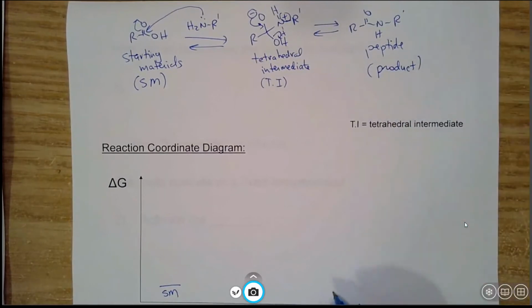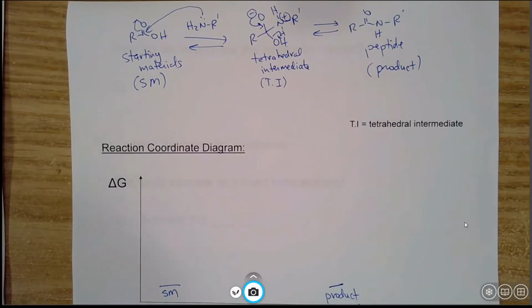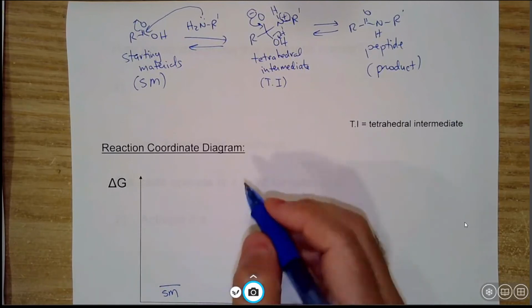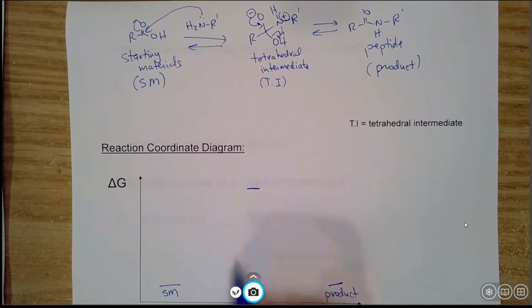We've already discussed that the starting material and the product actually have around the same energy. What about the energy of the tetrahedral intermediate? It's a very high energy compound. It's very difficult to get to that structure, so that's going to have a very high energy. We'll call that TI.